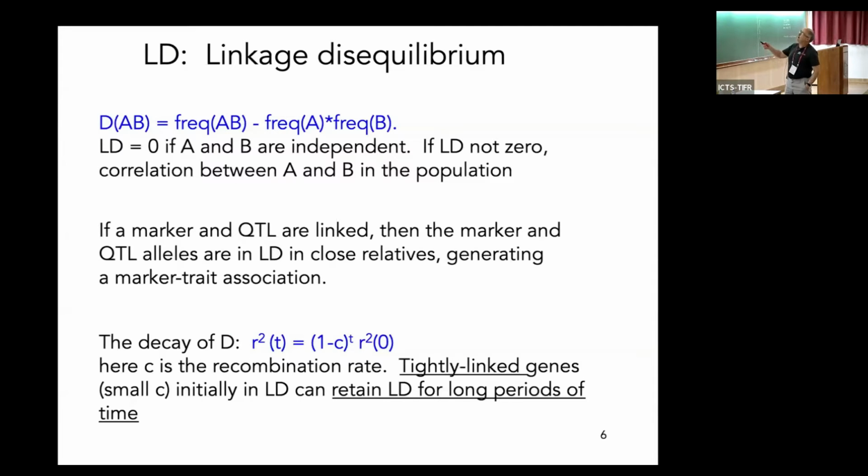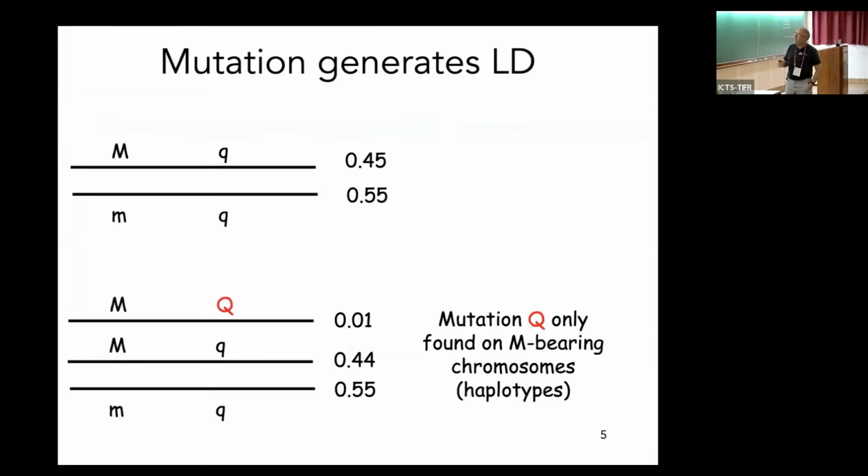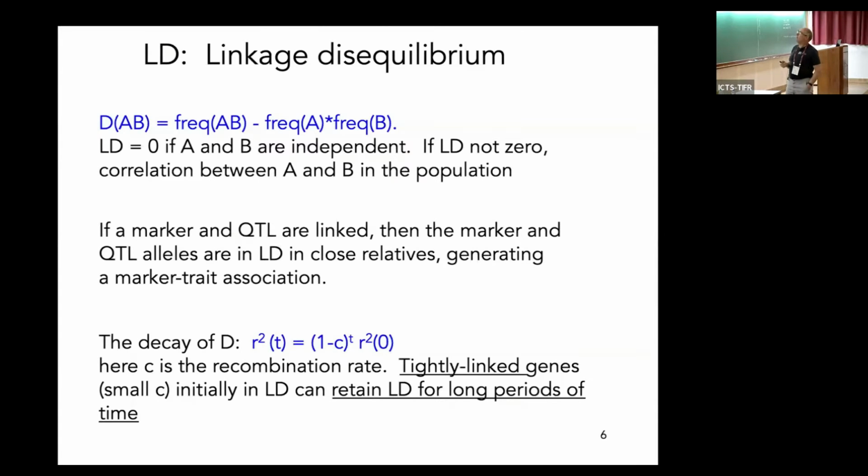And again, just to remind you what LD is, and here's the punchline down here, we're going to use this correlation between the frequencies. We'll spin that out in a second, because it turns out that if I have a variation at this site, only R squared of that variation is passed on to the marker. So the marker variance is only R squared of the actual causative variance. So we'll talk about where that comes from.